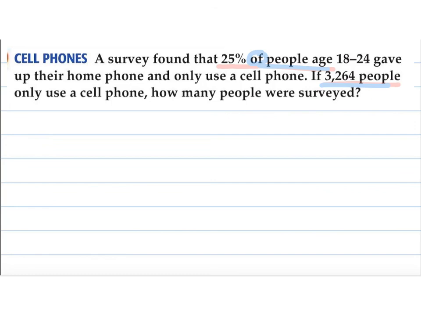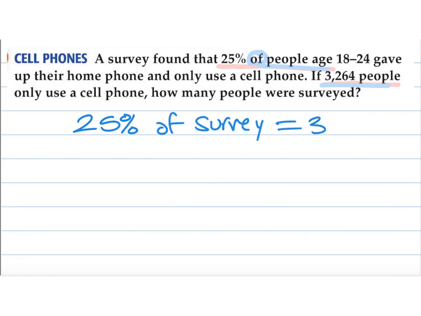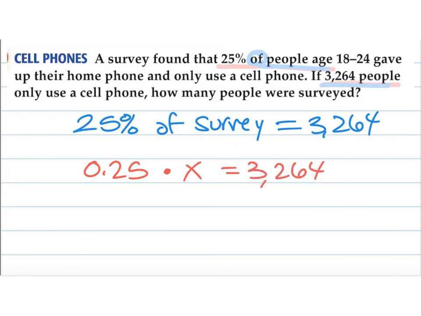So that means that 25% of the surveyed people gave us our total of the 3,000 and so people. So let's write that in words, or in symbols rather. 25% of the people surveyed is 3,264. Or if you want to do a fraction, right, this is the same as 1/4 of those people.